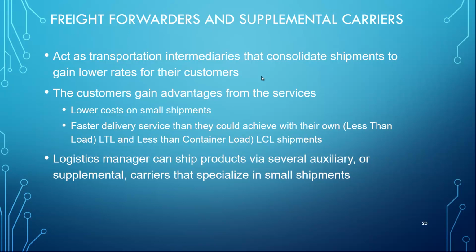Those companies act as transportation intermediaries that consolidate shipments to gain lower rates for their customers. In return, their customers will get lower cost on small shipments and faster delivery service than they could achieve on their own.